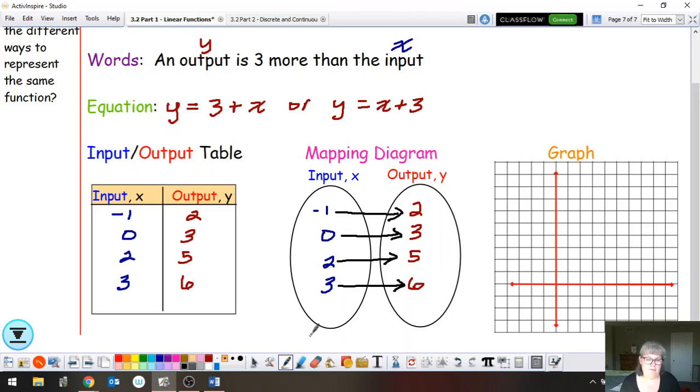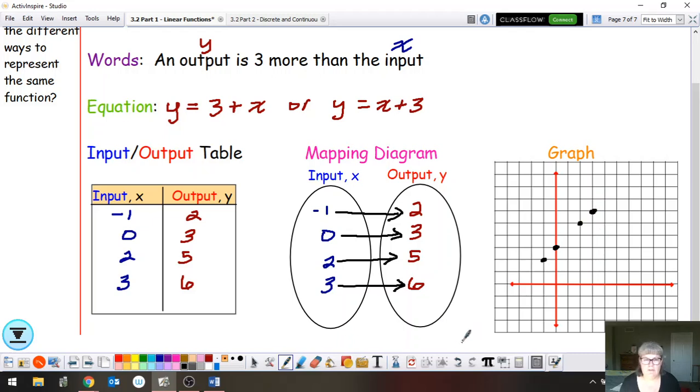And to graph this, I can plot the points. I can plot the ordered pairs. So -1 and 2, 0 and 3, 2 and 5, 3 and 6.